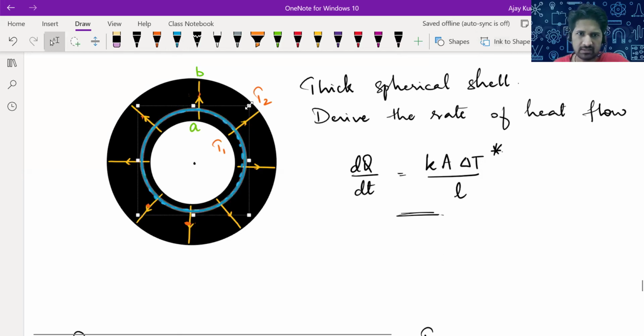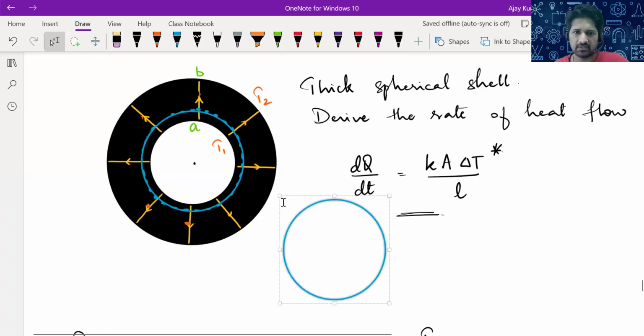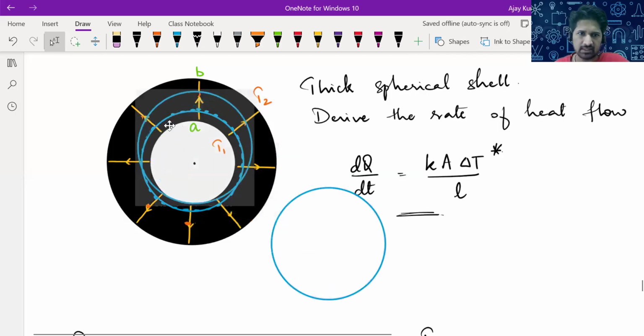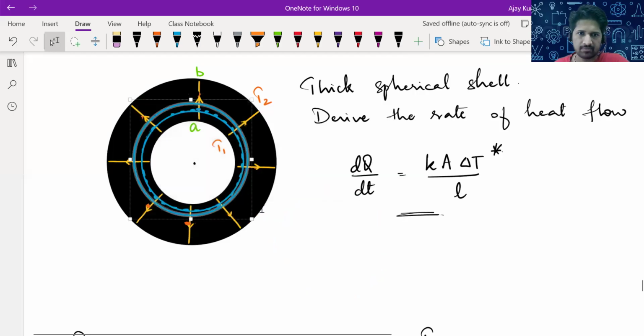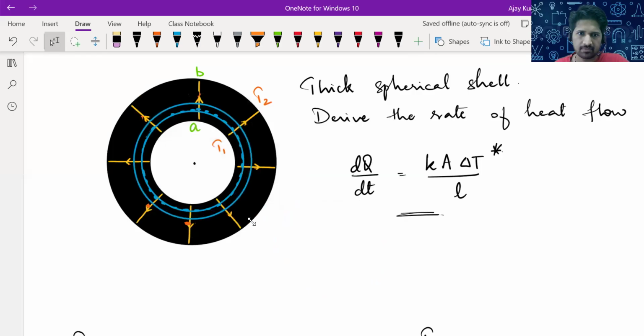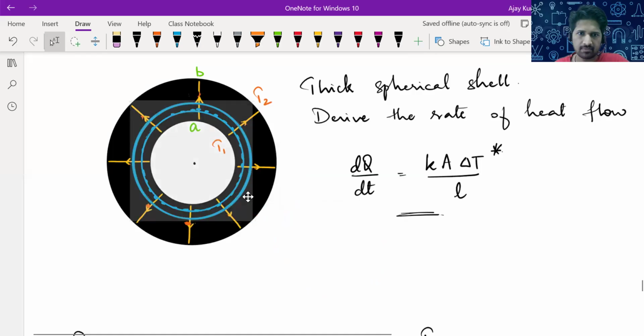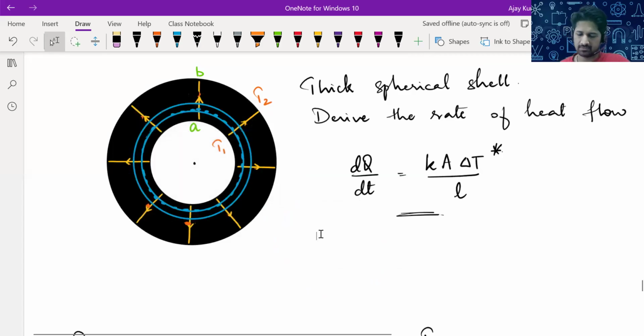Many such layers having small thicknesses put together become the complete sphere, the complete thick spherical shell. So let's say that layer that we are considering is somewhat like this.